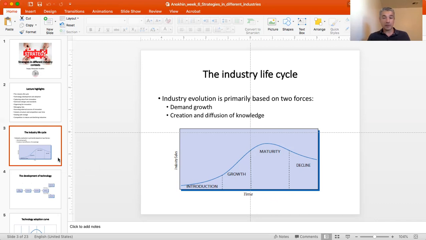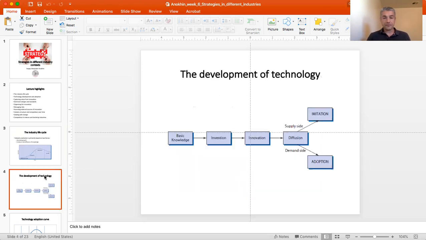And typically, when the industry is young, there is a proliferation of technologies and different standards, which over time coalesce to a certain set of standards that emerge as de facto standards or mandate standards. They usually emerge as a dominant design for a specific product, and then the industry goes through this growth, maturity, and decline stage.